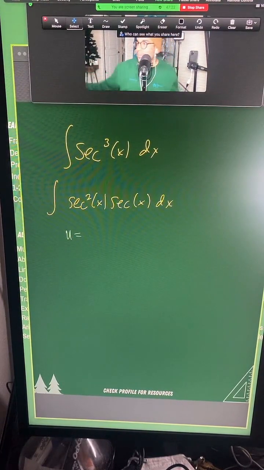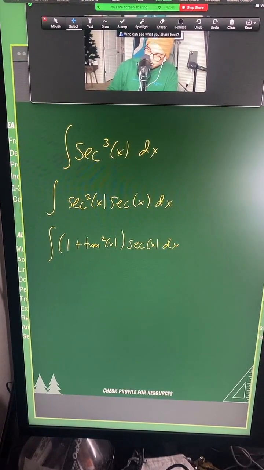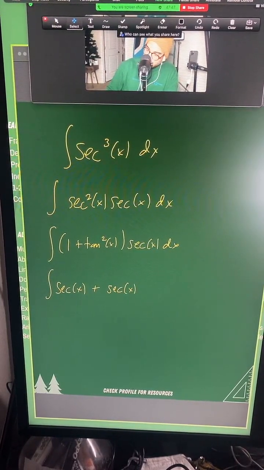Okay, what do we make u? He said go back to what you had, which was 1 plus tan squared x times secant x dx, and that was secant x plus secant x tan squared x dx.